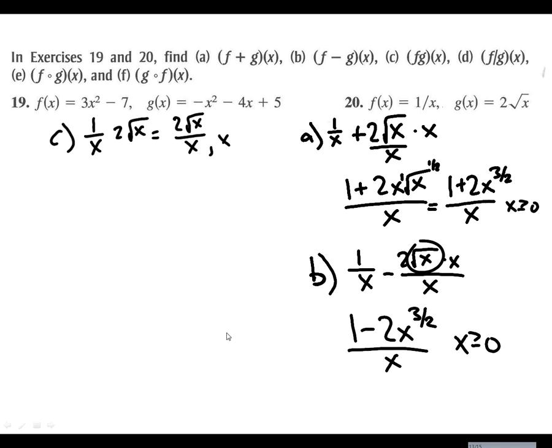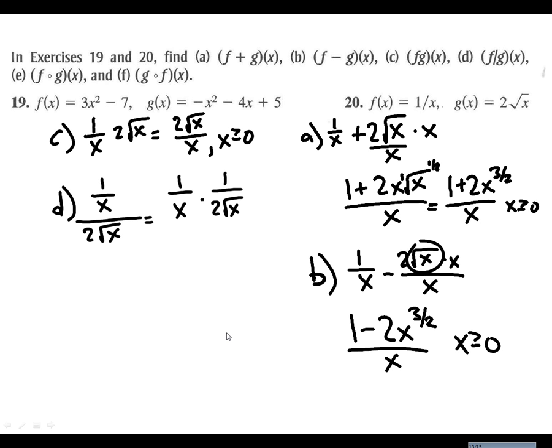And once again, x has to be greater than or equal to 0 because of the square root. And let's go ahead and divide them. 1 over x divided by 2 root x. That's the same as saying 1 over x times 1 over 2 root x.